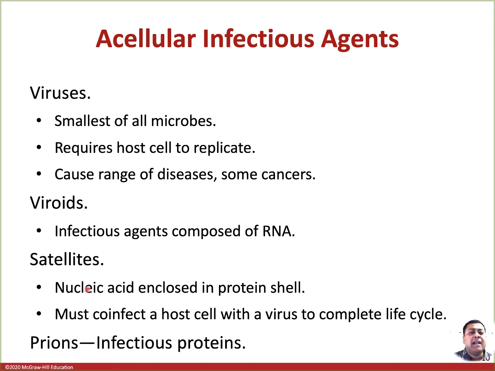On the other hand, satellites are nucleic acid enclosed in a protein coat, very much like viruses, but most co-infect a host cell with a virus to complete their life cycle. They cannot replicate on their own. Prions are infectious proteins, and we are going to talk about them along with the viruses in the same chapter, towards the end of module 1.